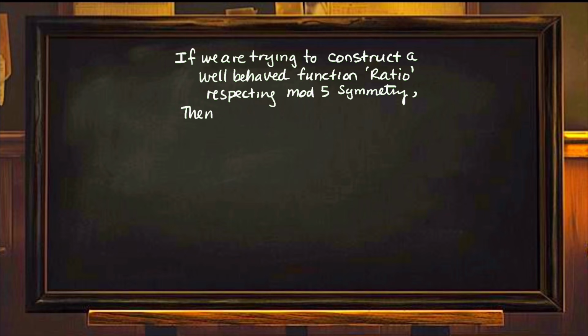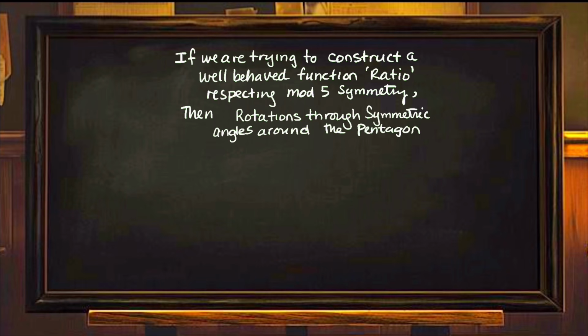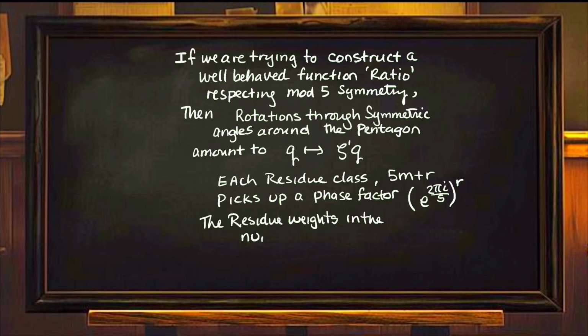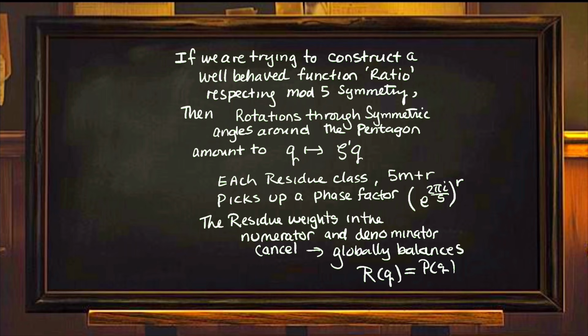That is, taking the quadratic residue slices in the numerator and the non-quadratic residue slices in the denominator creates the weights that balance out the function, this ratio, in a global sense of its symmetry, mod 5. Balance and symmetry were very important to Ramanujan in his equations.